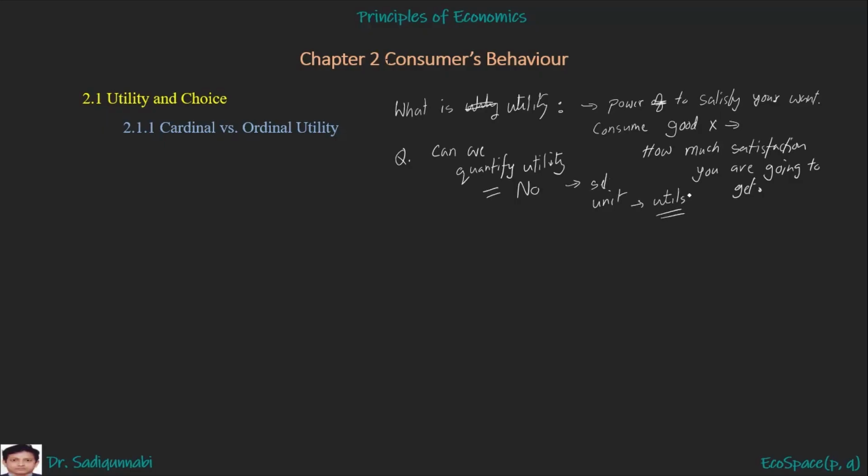Okay, so if I say that consumption of good X gives 10 utils, that means you are going to get 10 units of satisfaction or utility.